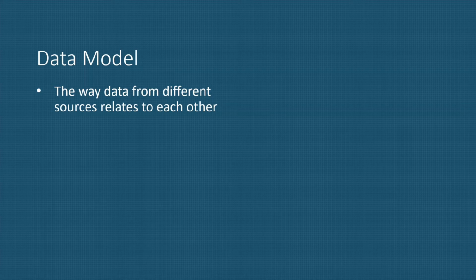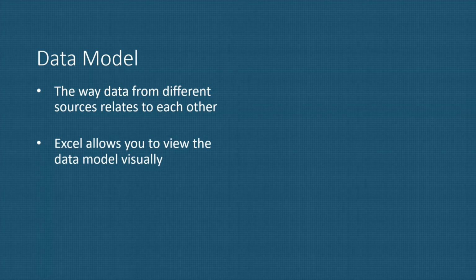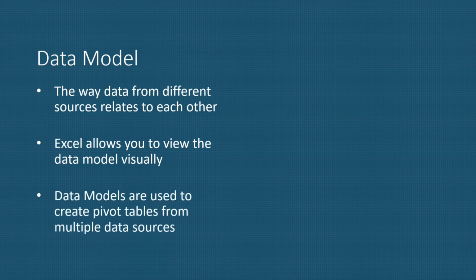How does all of that link together? That is what we call the data model. And Excel actually allows you to view the data model visually, or some people would say in an abstract way, but it just means you can put your eyes on the data model. Data models are used to create pivot tables from multiple data sources, just what we talked about earlier.